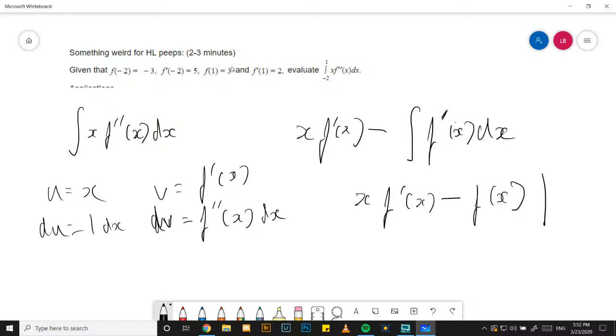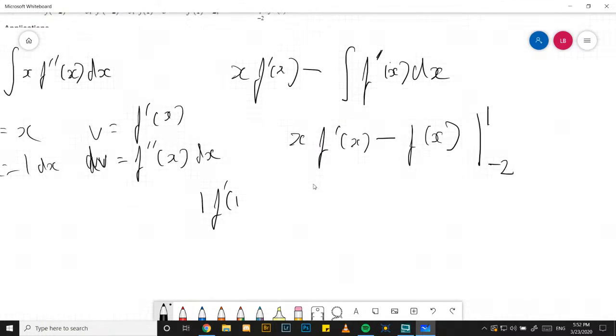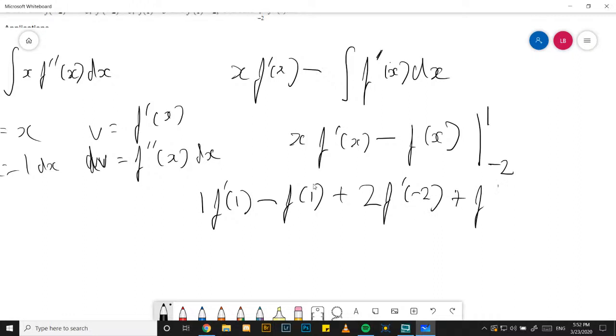And then you evaluate that from -2 to 1, and you get 1 times f prime of 1 minus f of 1 minus, actually plus, 2 f prime of -2 plus f of -2, and then I can use all the values from the start of the question.